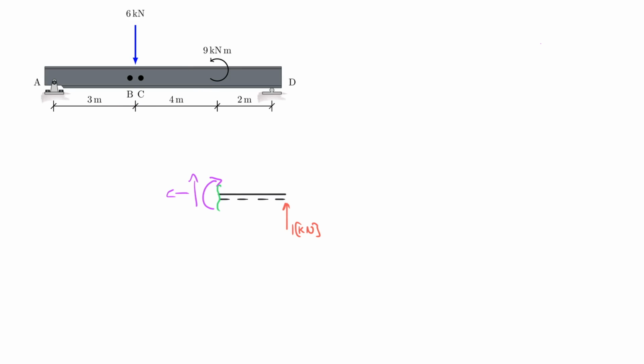So really we can call this here M at 7 to the right, V at 7 to the right, and N at 7 to the right. So let's go ahead and calculate the values. By the way, this is the free body diagram for, let's call it C, well, 7 to 9 meters, if you will.